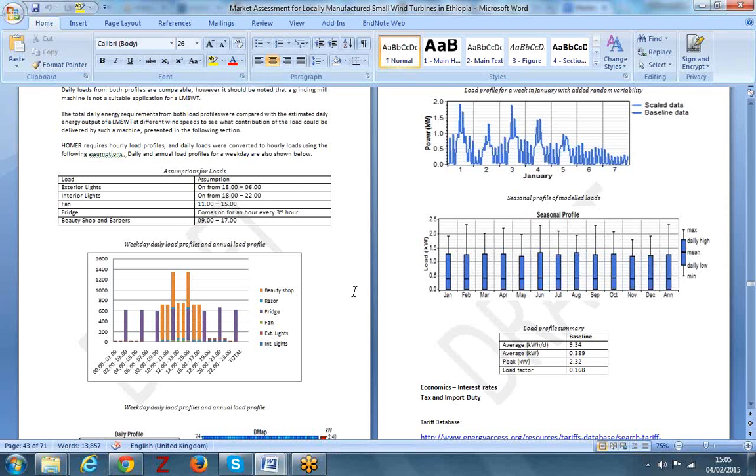At the moment, the turbine's owned by the NGO Mercy Corps, and it's set up as a research experiment. The NGO will be collecting money from the shopkeeper, but it's not confirmed how much, and we're trying to get an idea of how much additional income he can get from the power that the wind turbine is giving him.